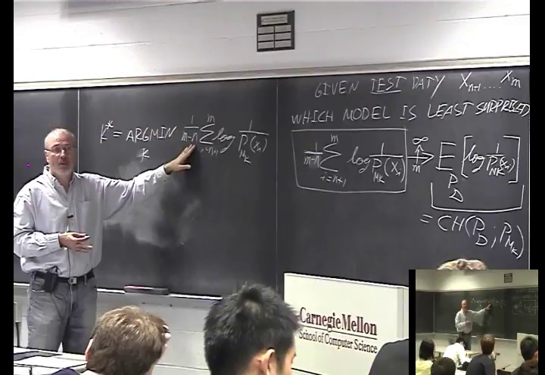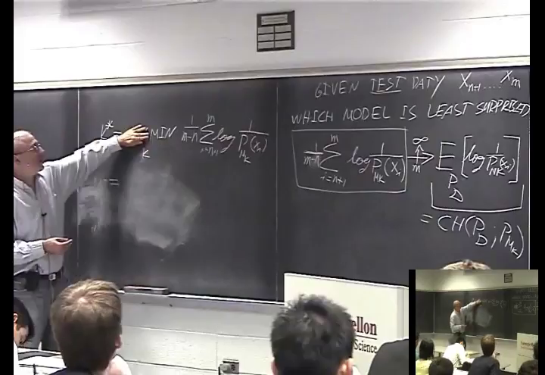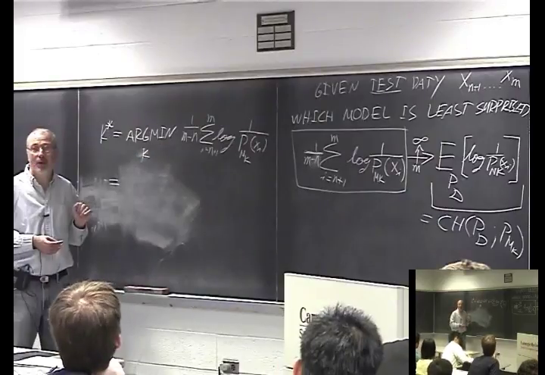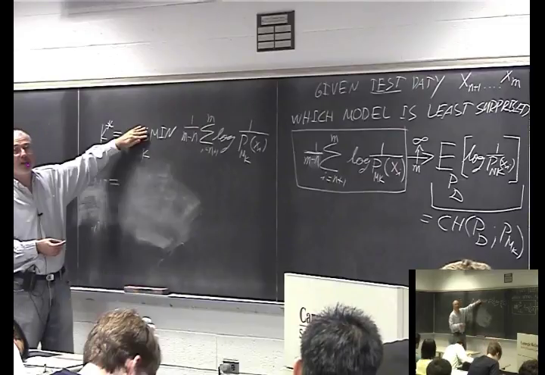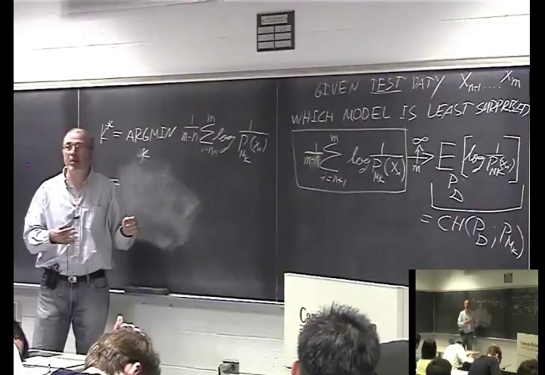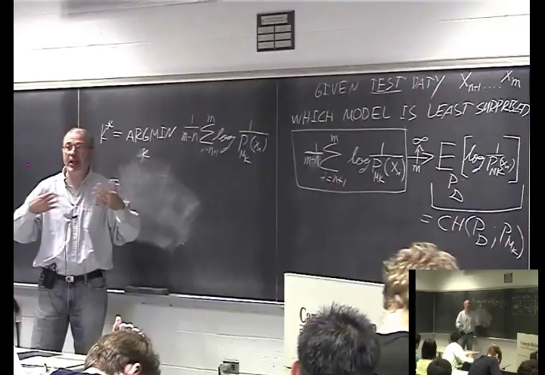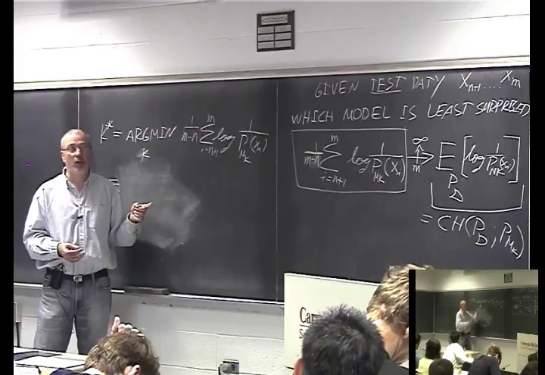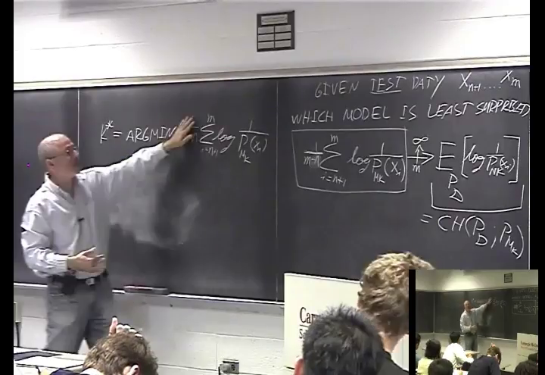It will change the min answer, but it does not change the argmin answer. It changes the minimum answer by a factor of 1 over m minus n. But if all I care about is who achieved the minimum, multiplying everybody by the same number doesn't change that answer. So you could copy everything down and say this is the same as argmin over k without this part.